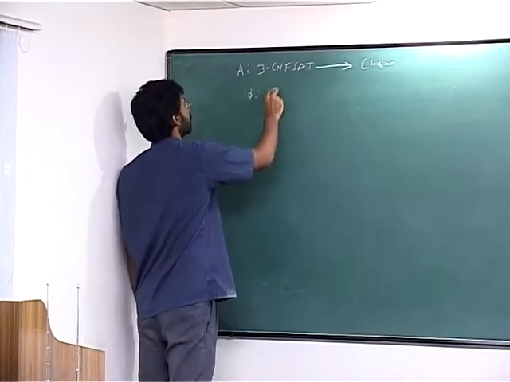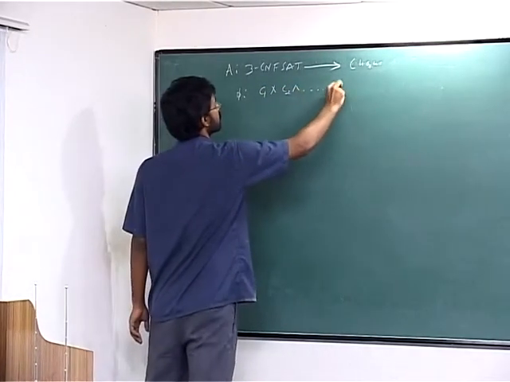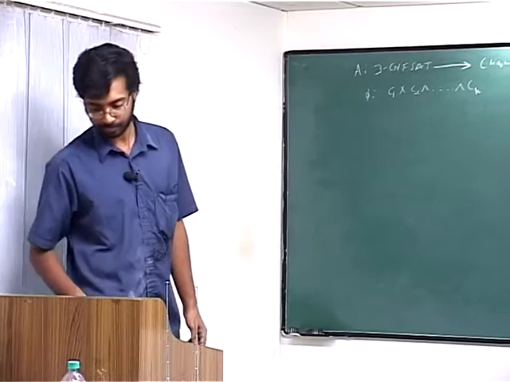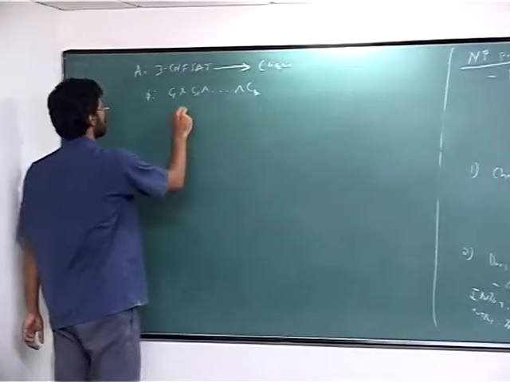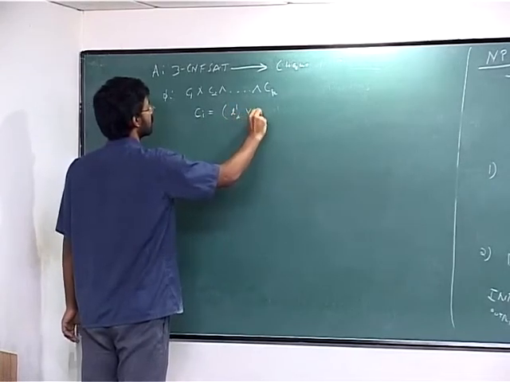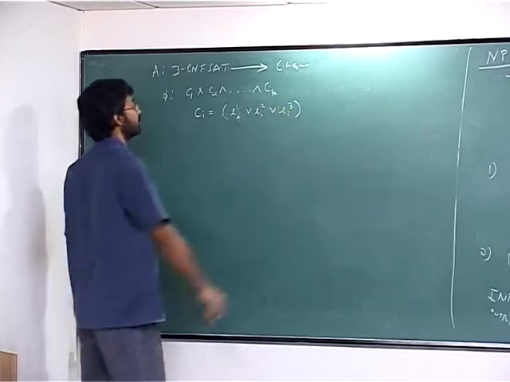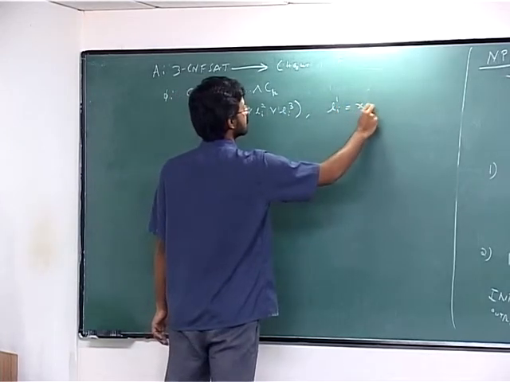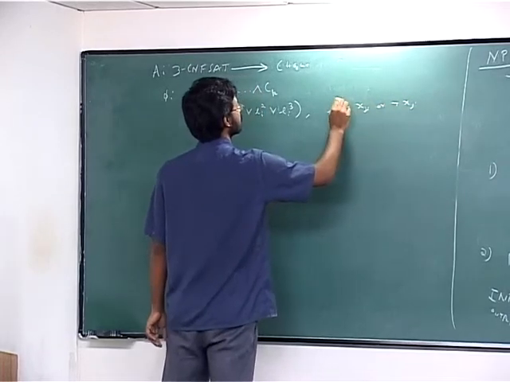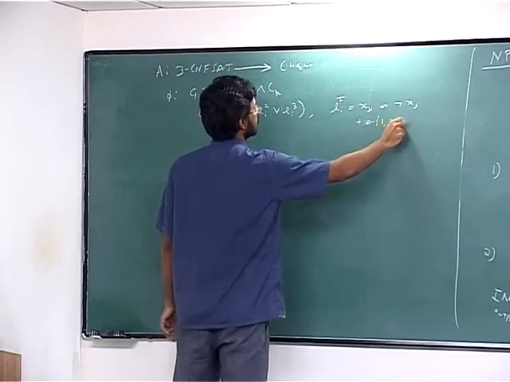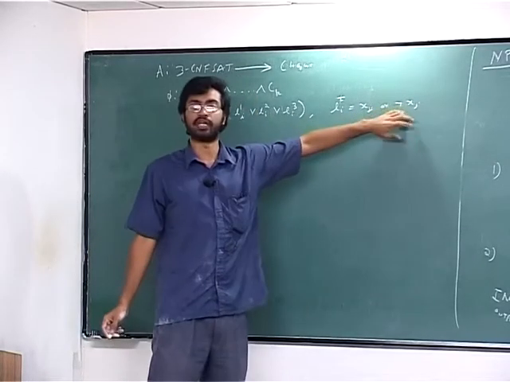So let's say our 3CNF SAT formula is of the form C1 and C2 and ... and Ck, and such that each Ci is equal to Li1 or Li2 or Li3, where each of the Li1, Li2 or Li3 are of the form Xj or negation Xj.